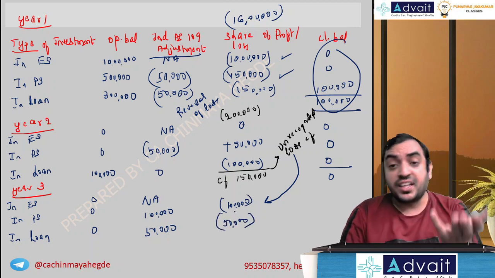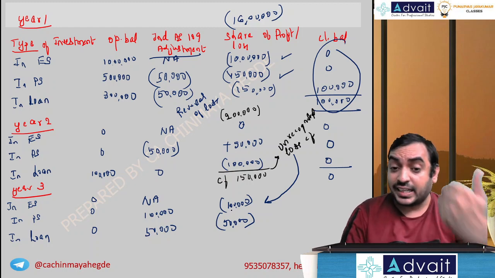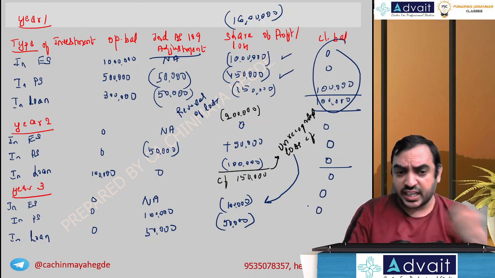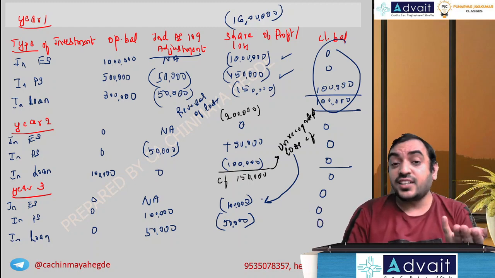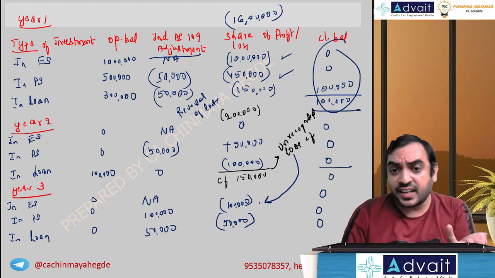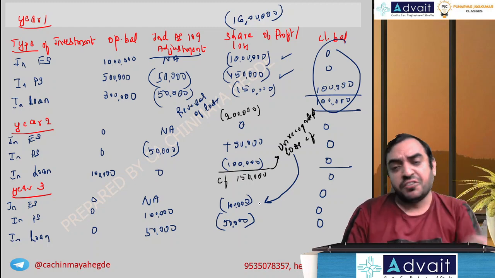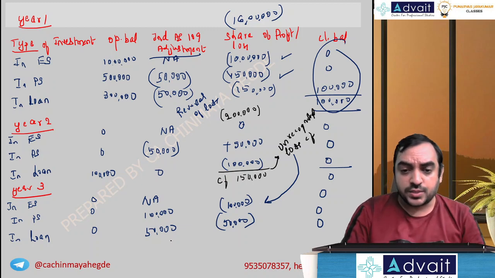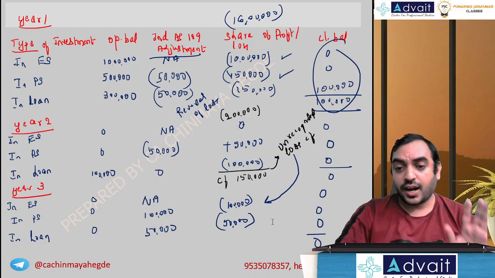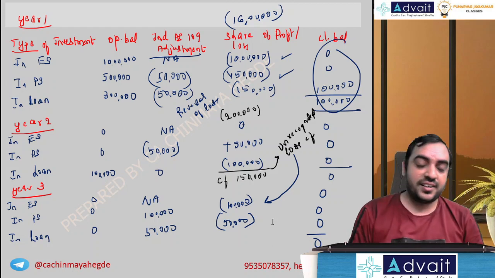So 1,50,000 unrecognized loss, entire amount is adjusted. So 0 for equity shares, 0 for preference shares, 1 lakh minus 1 lakh, loan also 0. Unrecognized loss carried forward now becomes 0. 1,50,000 was unrecognized loss. 1 lakh we adjusted, 50,000 we adjusted, so it becomes 0. So ultimately, this also becomes 0 at the end of third year.